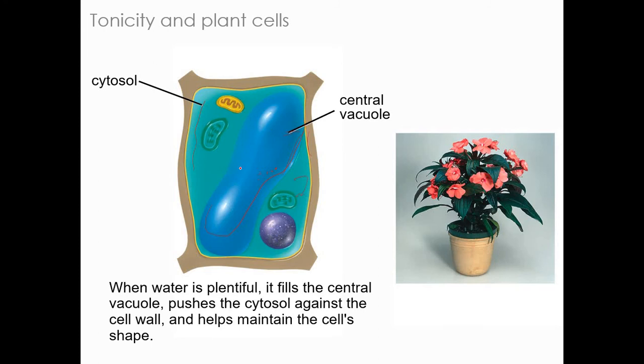If you imagine a balloon being filled, this watery cytosol will be pushed against the wall. Since it is pushed against the cell wall, it will help maintain the cell shape.